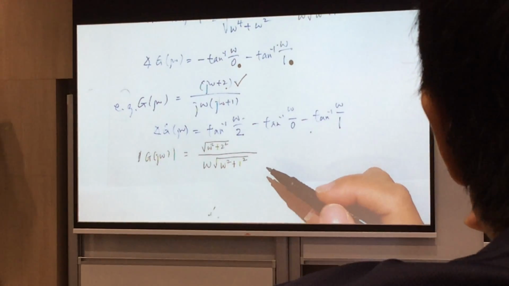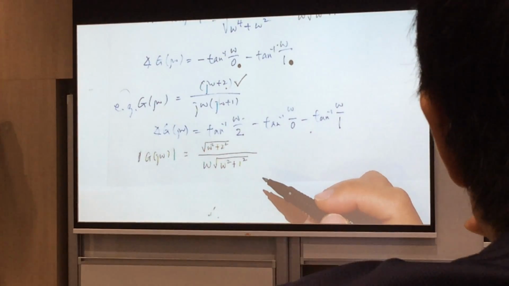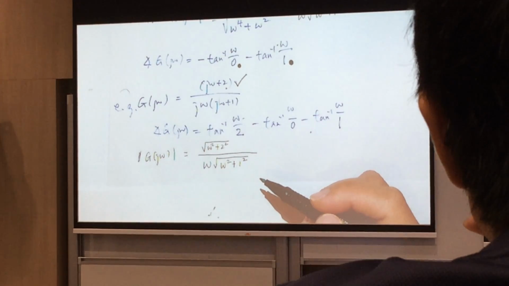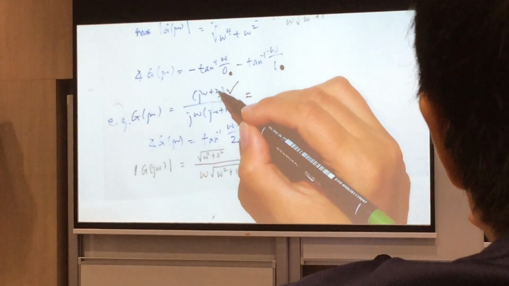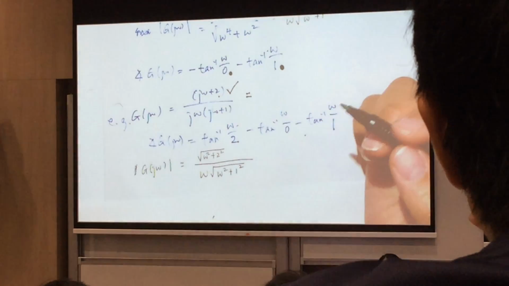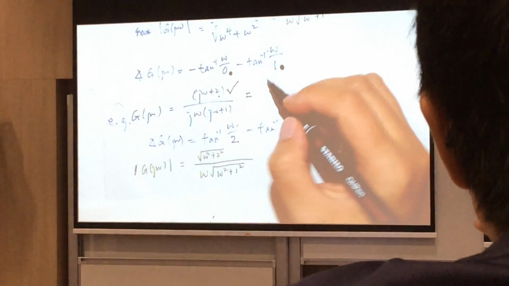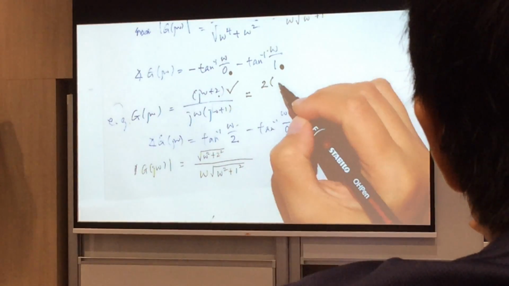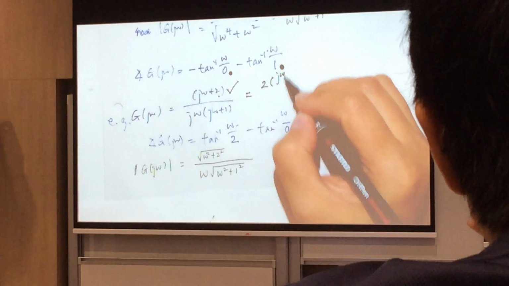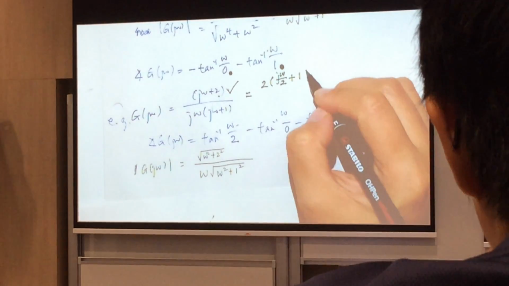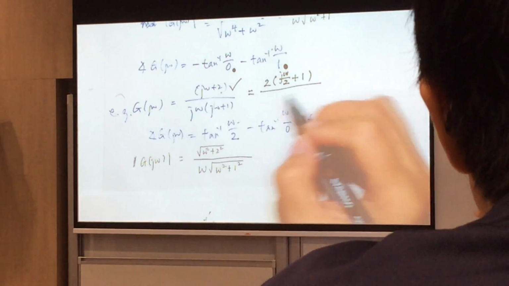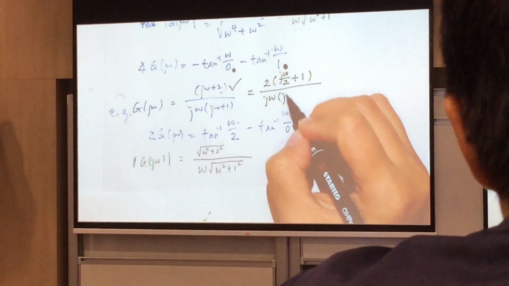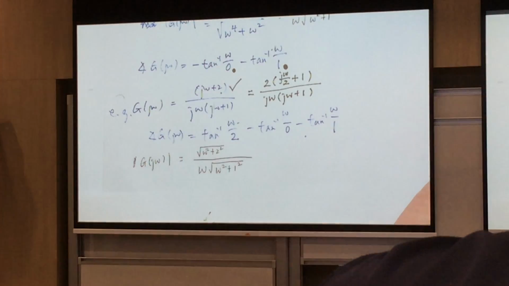Very often we want to do some kind of scaling. How do we do any kind of scaling? We hope that this term stays 1, so it makes the analysis very easy. So you can scale this so it becomes j omega over 2 plus 1, over j omega and then j omega plus 1.